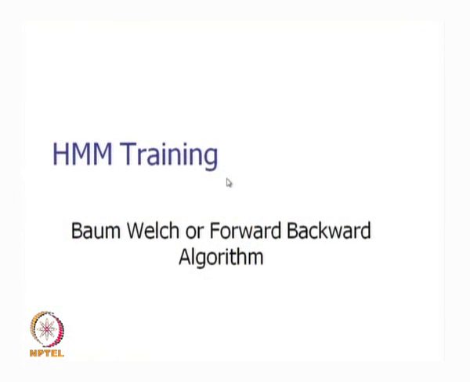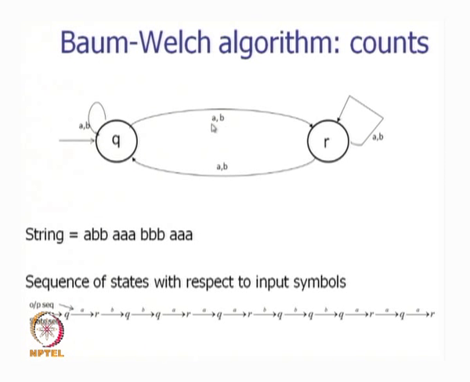So, we come to this topic of HMM training, the algorithm known as Baum Welch or forward backward algorithm. Now, to understand this algorithm, we will first clear up a notion of counts of transitions with output symbol within the sequence which is produced by the machine.